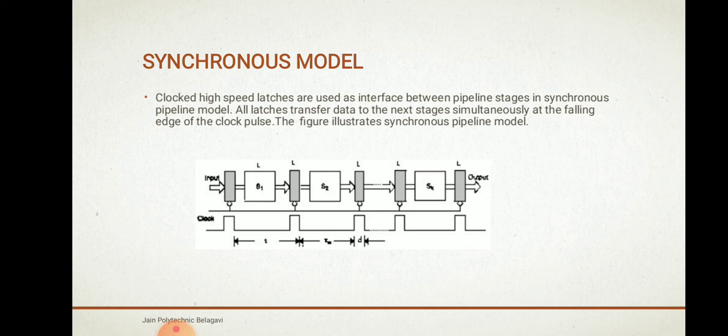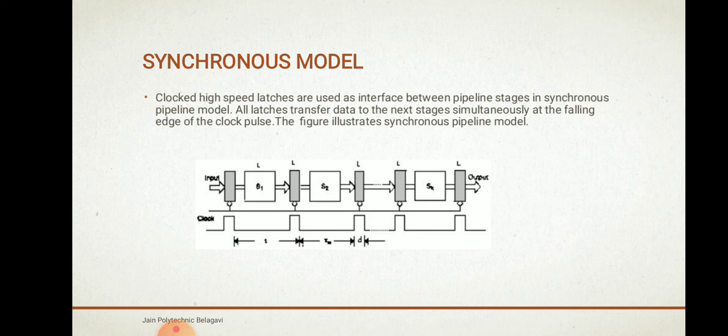As you can see in the diagram, whenever input is sent to the first stage, first it is sent to the clocked high speed latches. When the clock pulse falls to the 0 position, the input is sent to the next stage.